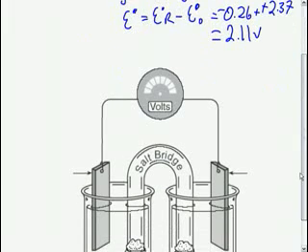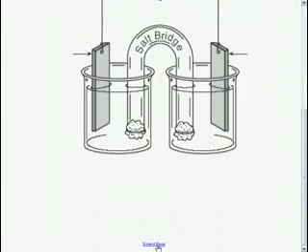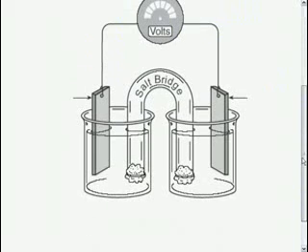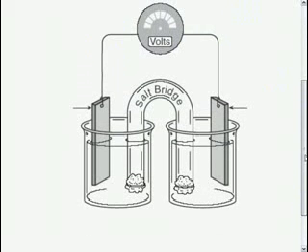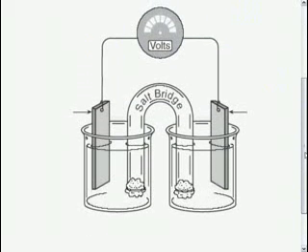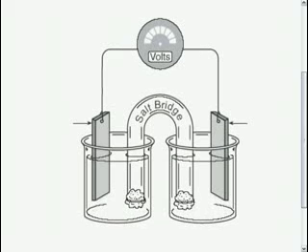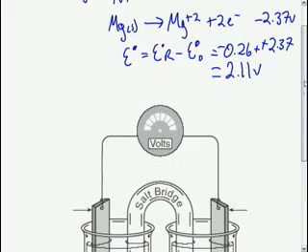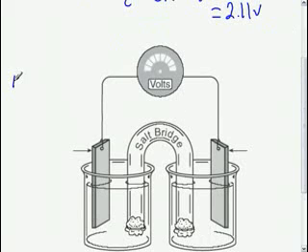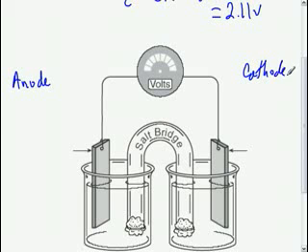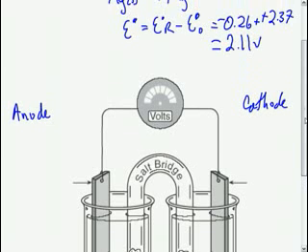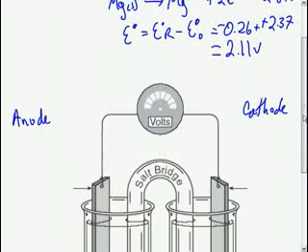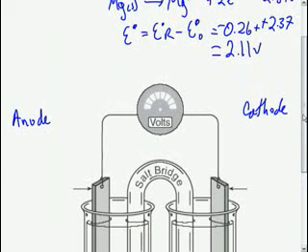Now I've also drawn, for the purpose of labeling, our overall reaction, set up with our wire, our salt bridge, and our electrodes. Let's start it off making this side the anode, and this side then is the cathode. Using our mnemonic LEO, loss of electrons is oxidation.